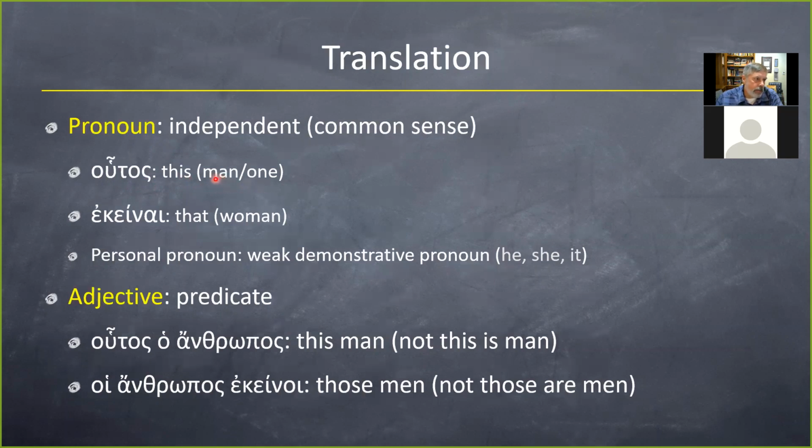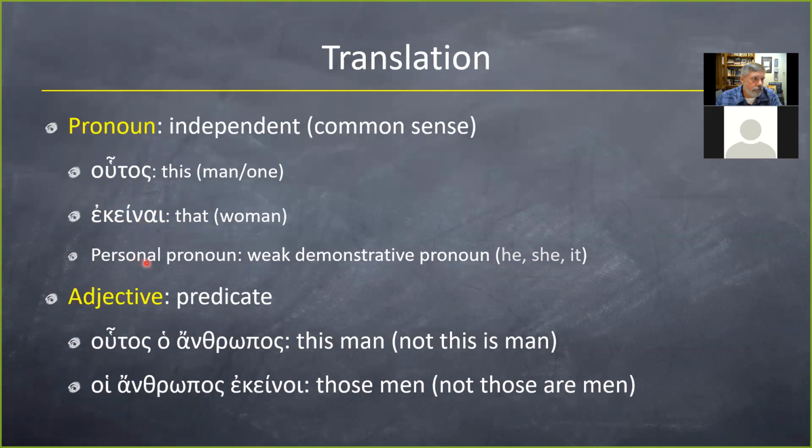It's still masculine even if it's this one; it's going to point back to something masculine. Ekenai, because we have the alpha stem ending with the iota case ending, is the nominative plural for feminine. So it would be that, and we could add a helping word, that woman, because it's feminine.